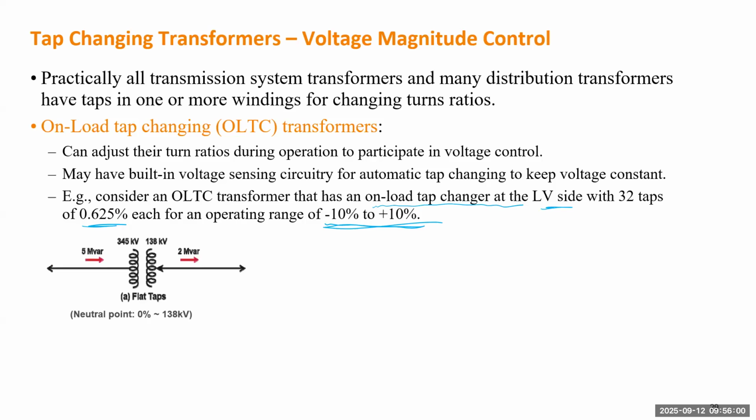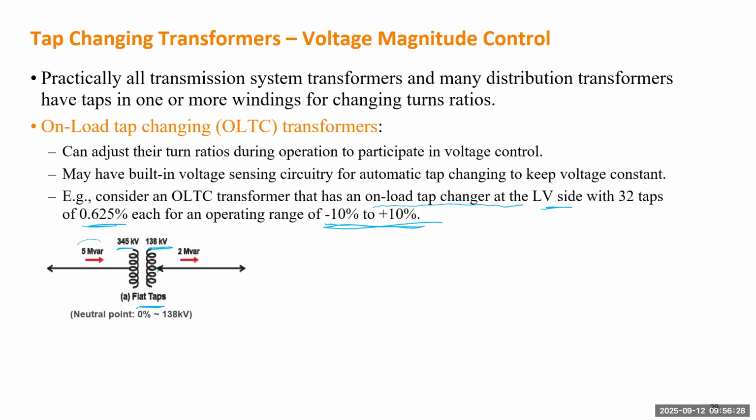Let's give you a real example. This transformer is a step-down transformer. The primary side is connected to 345 kV, the secondary is 138 kV, and it has 32 taps. Right now the tap is at the neutral point, so it doesn't move up or down.